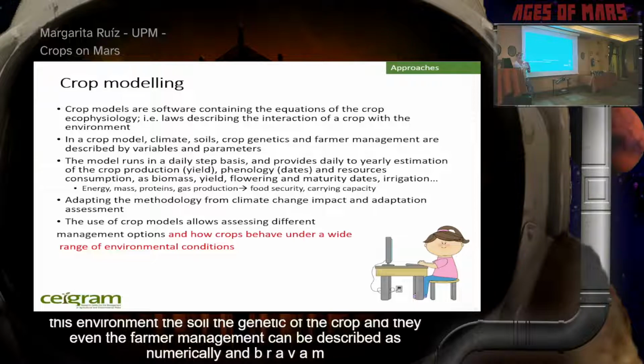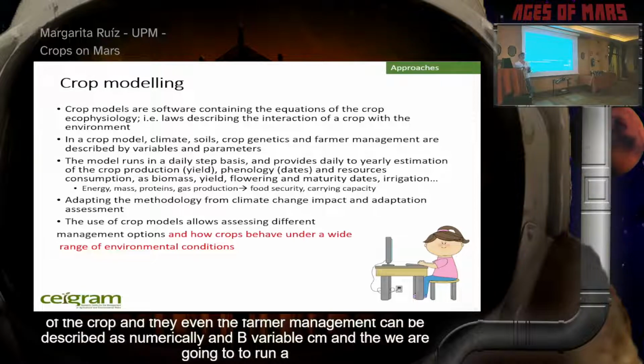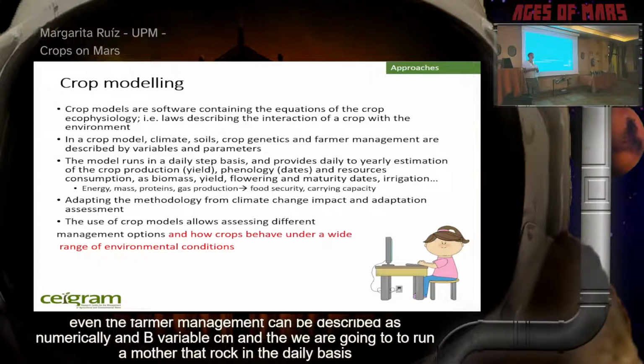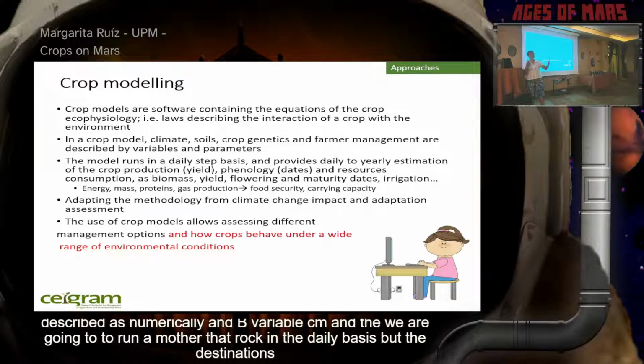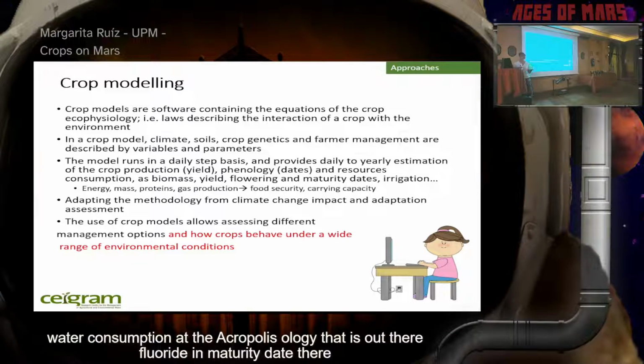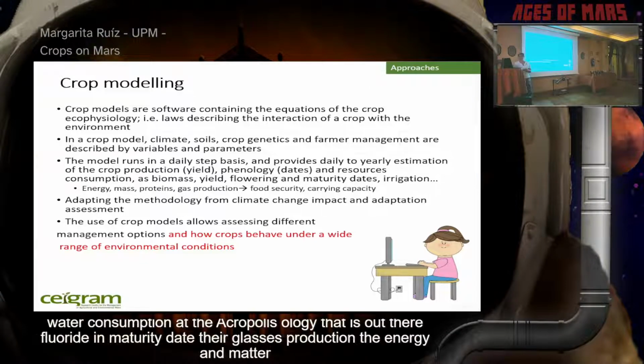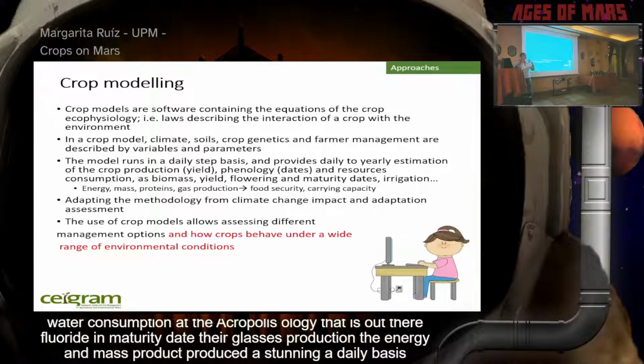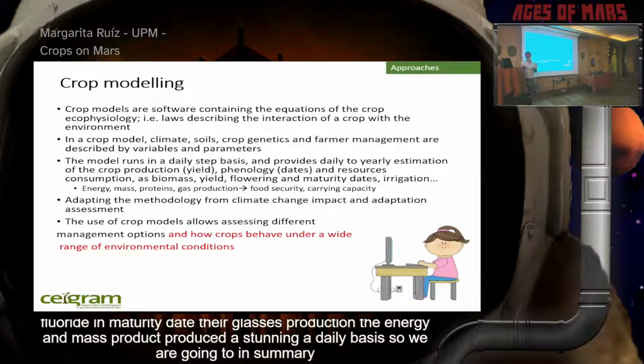We are going to run a model on a daily basis, but the estimations of yield, biomass, water consumption, the crop phenology, that is the flowering and maturity dates, gas production, and the energy and masses produced, are done on a yearly basis. So in summary, you get an estimation of the harvest.